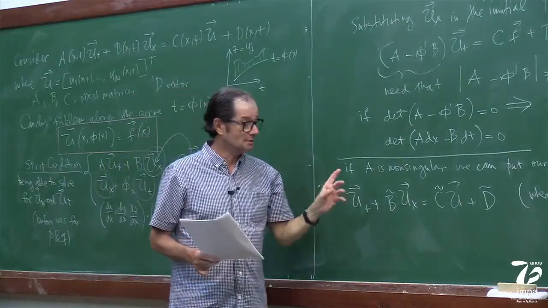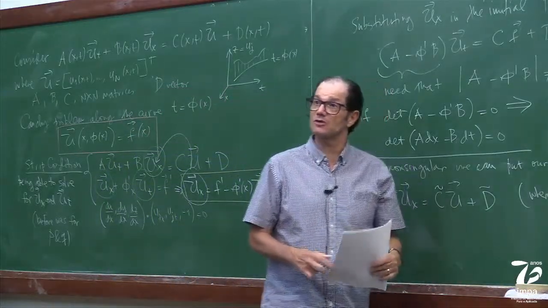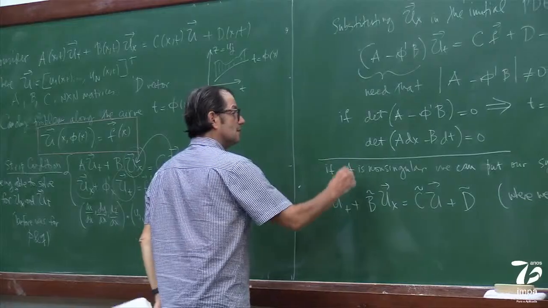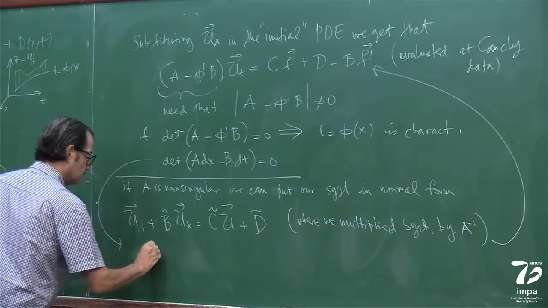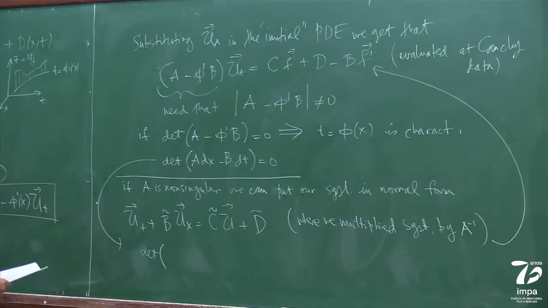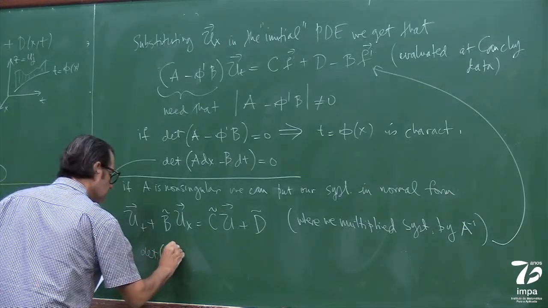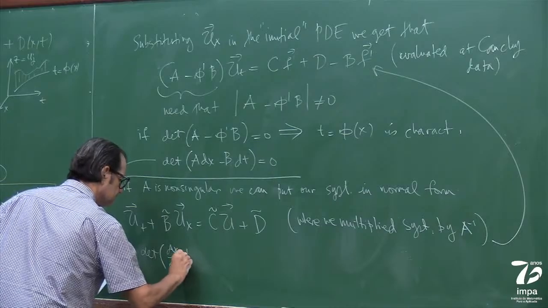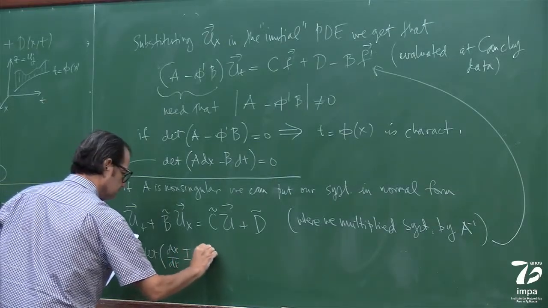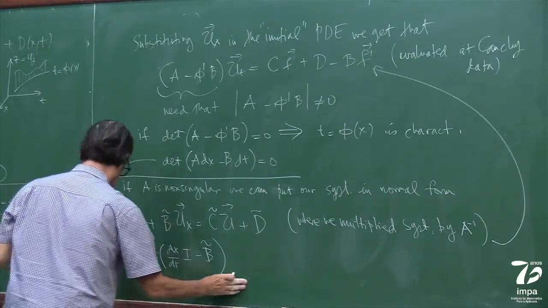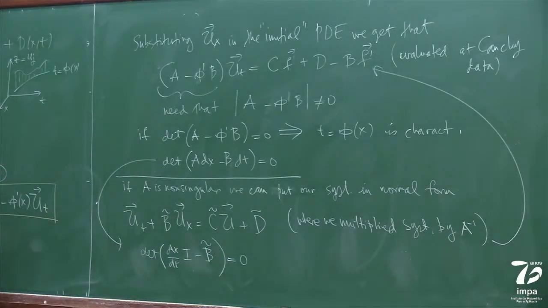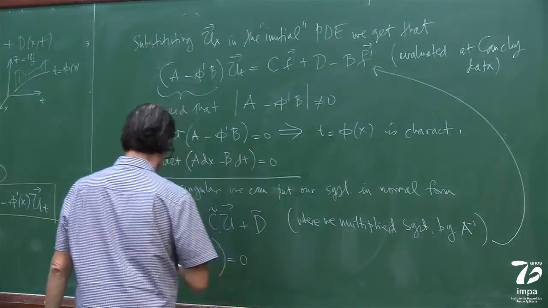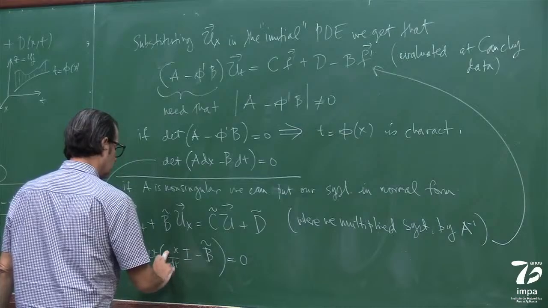And now it's a good point for us to stop the lecture, because now this condition here is that determinant of, let me write it like this, so this is the condition to be characteristic.